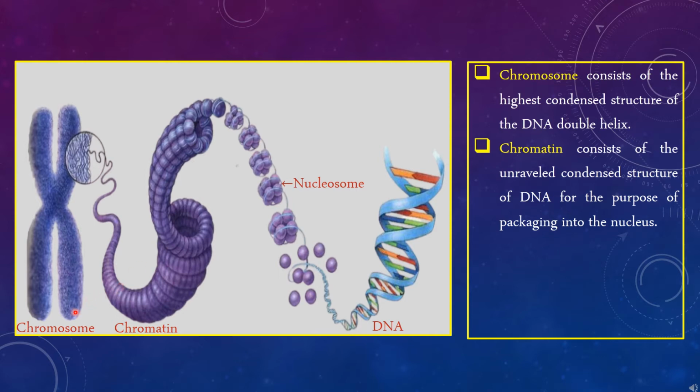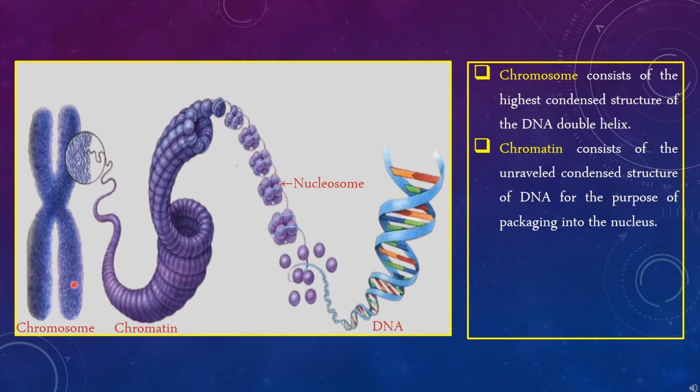When the chromosome remains inside the nucleus, then this structure is called chromatin. What is the difference between chromosome and chromatin? In a chromosome, you can find the highest condensed double helical DNA structure.